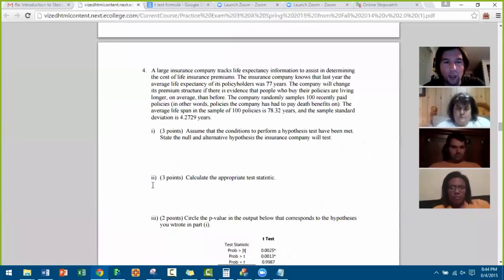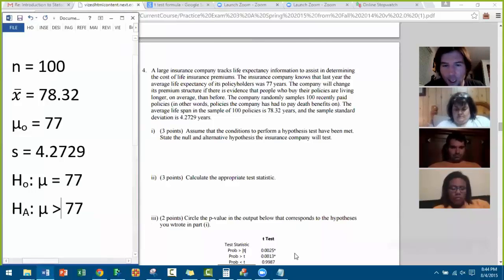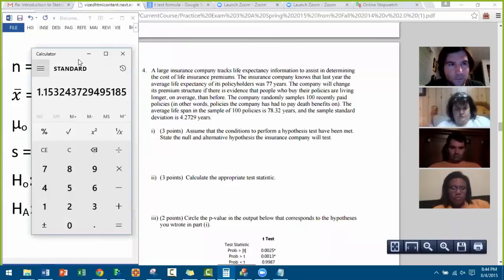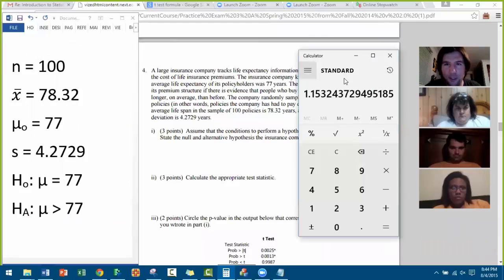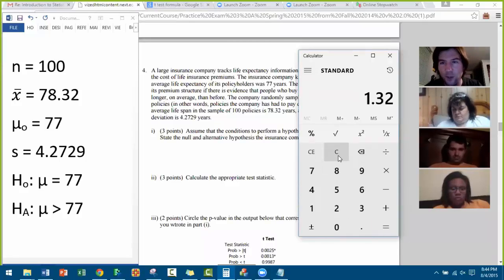Okay. So with our notation on the side, let's bring up Word, and let's bring up the calculator. We don't really need to read the problem right now. So we need to do x bar minus mu naught, which is an easy enough formula right there.